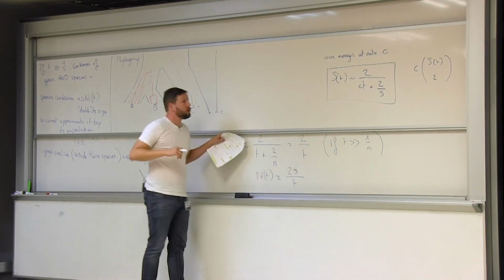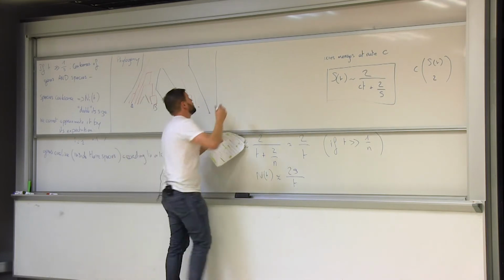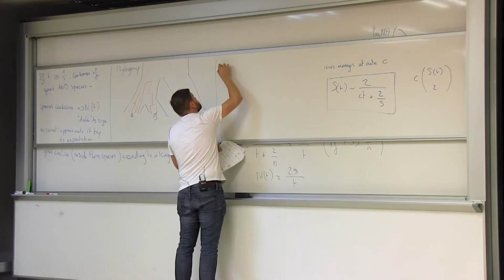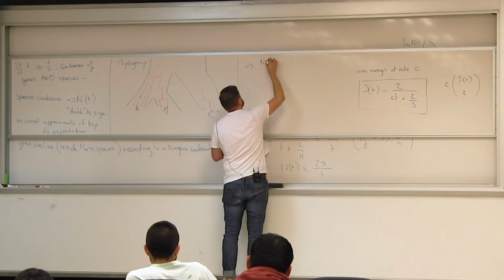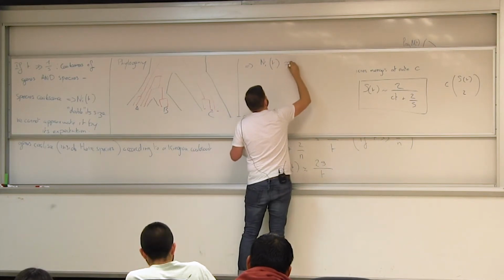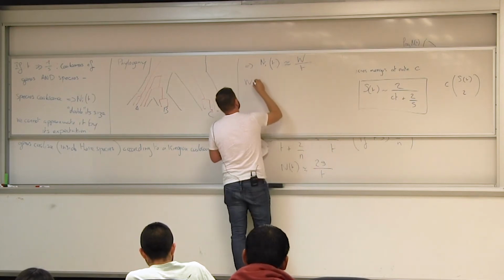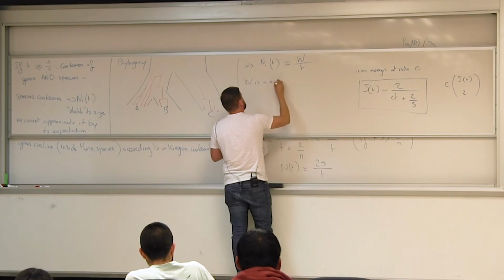Okay, so I cannot say that it's more or less 2 over t, but I can try to approximate ni of t by w over t, where w is a random variable.